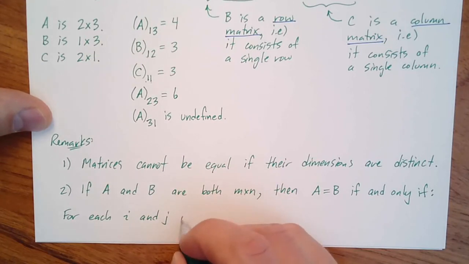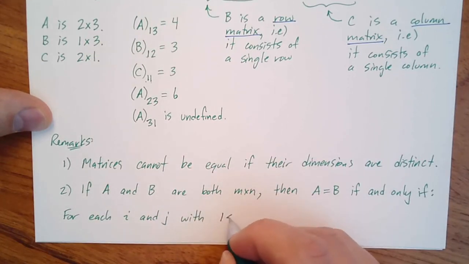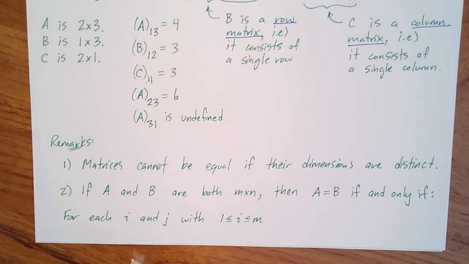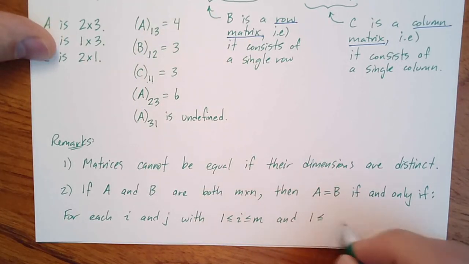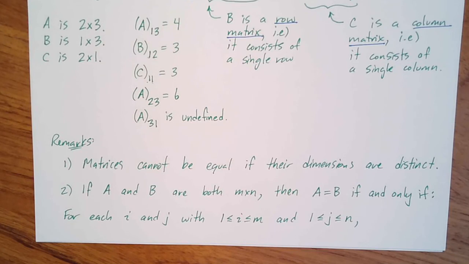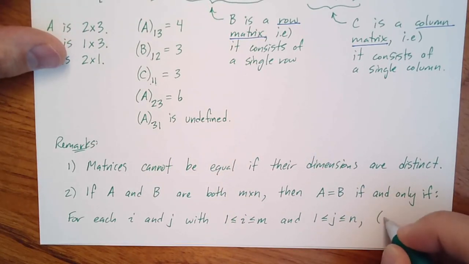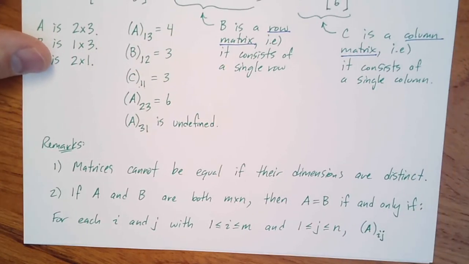So for each i and j, i has to be between 1 and m to make sure it's a suitable index for a row of both the matrices A and B, and j has to be a value between 1 and n to make sure it's a suitable index for a column. So for every single possible choice of indices i and j that satisfy the appropriate conditions, the corresponding entries are equal. In other words, the entry from A, which occupies the ith row and the jth column, is equal to the entry in B, which occupies the ith row and the jth column.